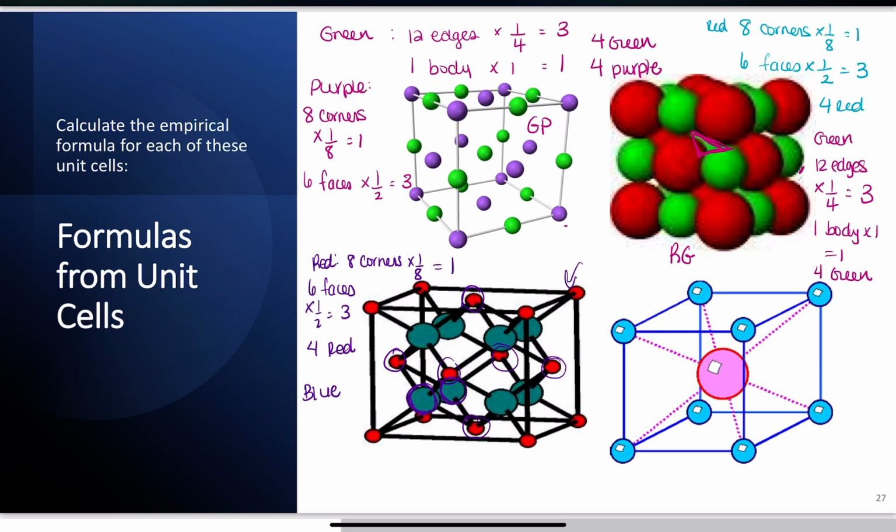I've got blues, but they're all bodies. I have 8 bodies, and each body contributes 1. R4, B8 is simplified down to RB2.